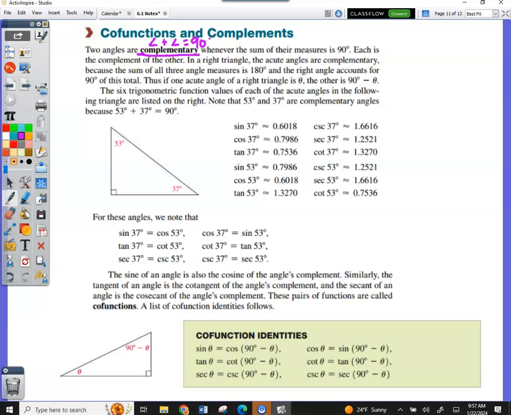Now, to help you spot the relationship, all 6 trig functions of 37 have been laid out. All 6 trig functions of 53 have been laid out. Take a second and look. See if you see the pattern. Or what do you notice? Look at all of these answers. Something should stick out.